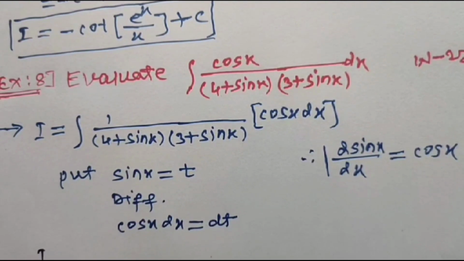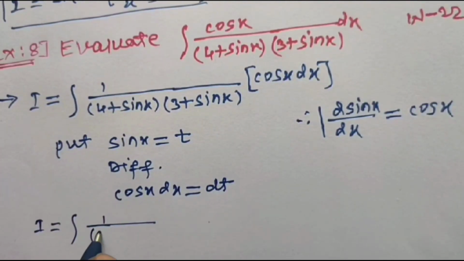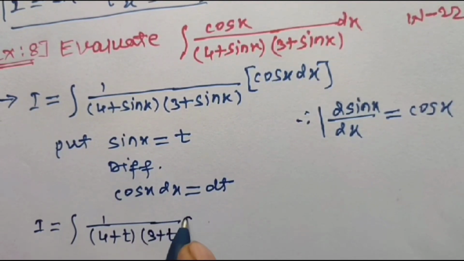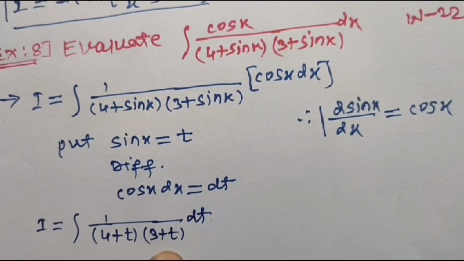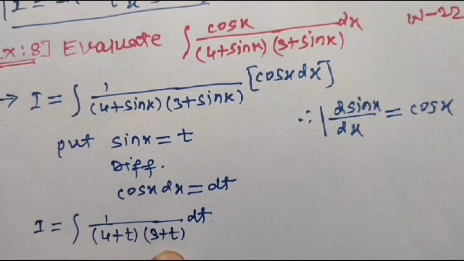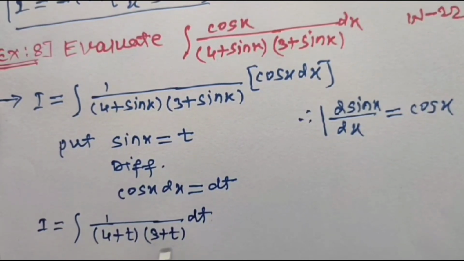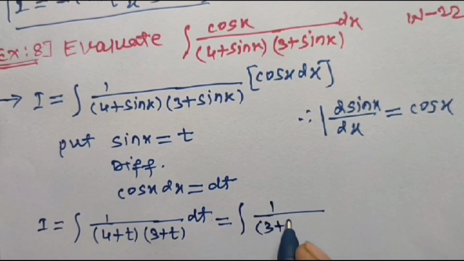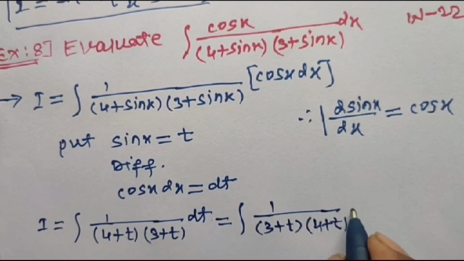Hence integral I can be written as integral of 1 upon 4 plus t, 3 plus t dt. 4 plus t and 3 plus t are both linear polynomials. Rearranging this we can write 1 upon 3 plus t, 4 plus t dt.